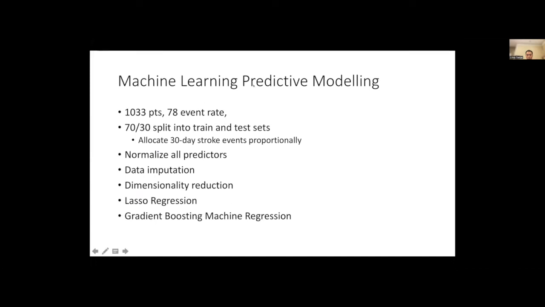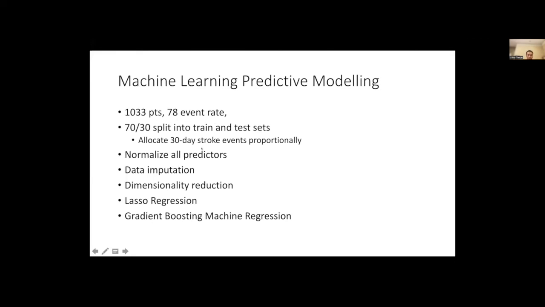So what about machine learning, predictive modeling? If we employ machine learning, will it help us? With the machine learning model, I used one of our statisticians from Johns Hopkins. He incorporated all the patients that we have, over 1,000 patients, with a 78 event rate.